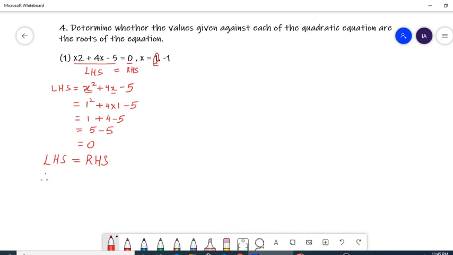So here we can say 1 is a root of the given equation.